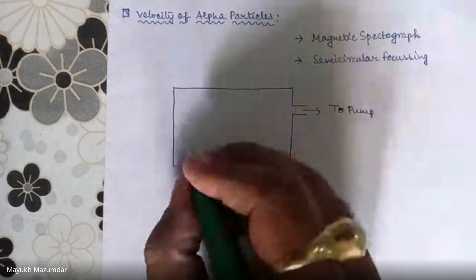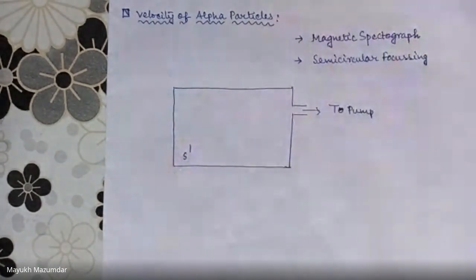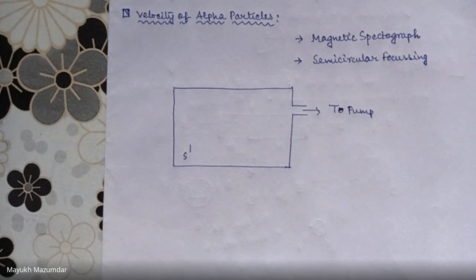Now here we have a very fine source of alpha particles, say a wire coated with alpha emitter, so that we don't lose many alpha particles. Like we use a slit for light so that we get a very fine collimated beam of light, likewise here we are using a narrow source for a very collimated beam of alpha particles.